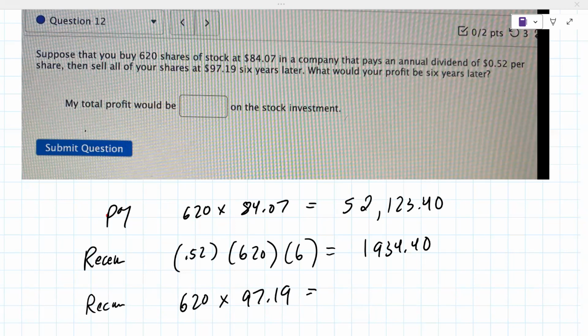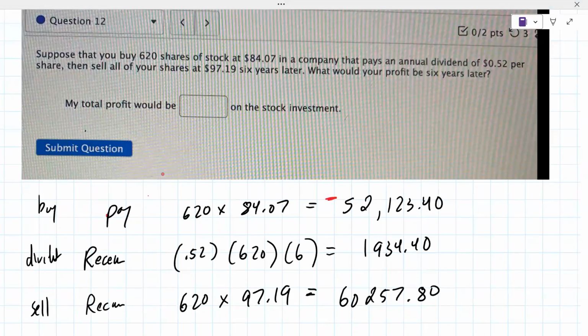And what was the third one called? When you sell, you're selling. When you said buy, dividend. And that's $60,698.00. So the pay is a minus, the dividends are a positive, and the sell is a positive.